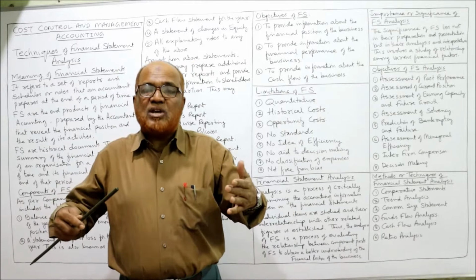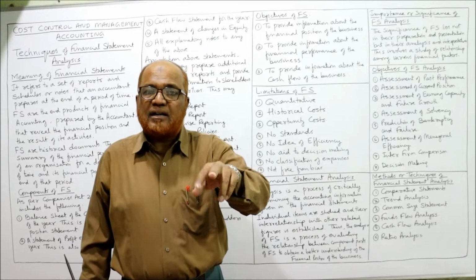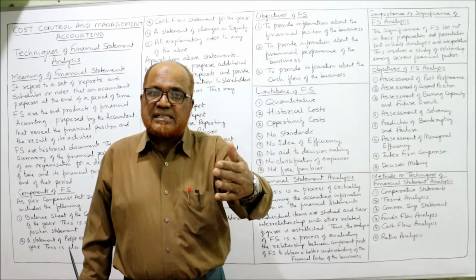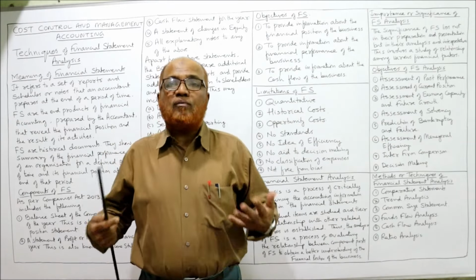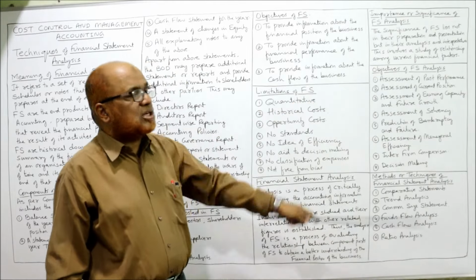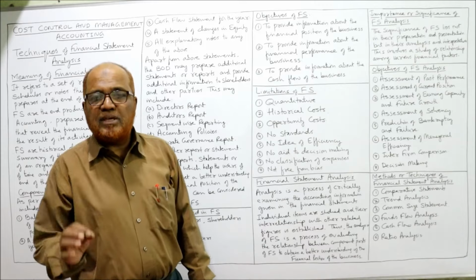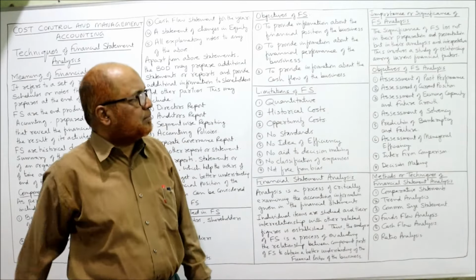After making the financial statements, if we make the relationship between different items and do the analysis and interpretation, then we can get more financial information. Thus, this involves a study of relationship among various factors. This shows the importance of analysis of financial statements.